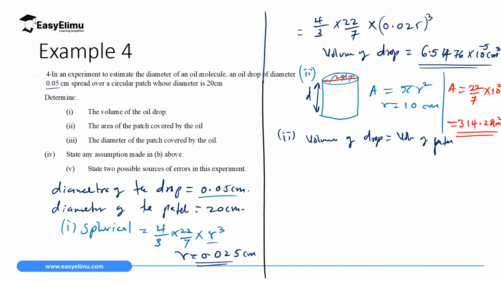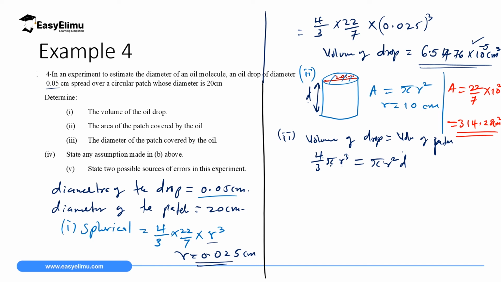Now the formula for finding the volume of the drop is 4/3 pi r cubed, which will be the same as the volume of the cylinder in this case, which is pi r squared H, where D is the diameter of the patch. So the 4/3 pi r cubed is the volume which we have calculated up here.